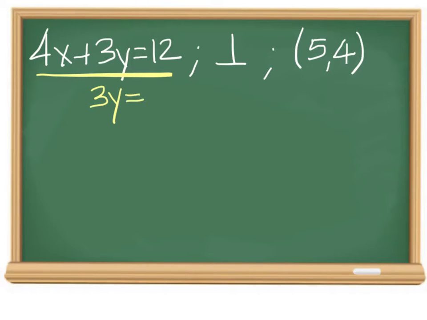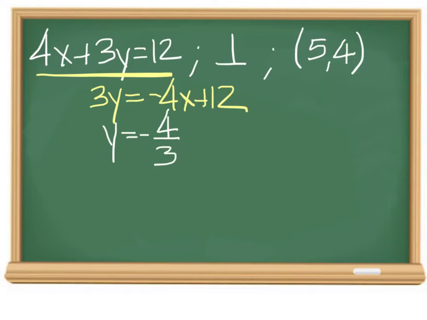So keep the 3y, move the 4x, change the sign. You must divide everything in that equation by 3. When you divide everything in that equation by 3, you get y equals a negative 4/3 x plus 4.